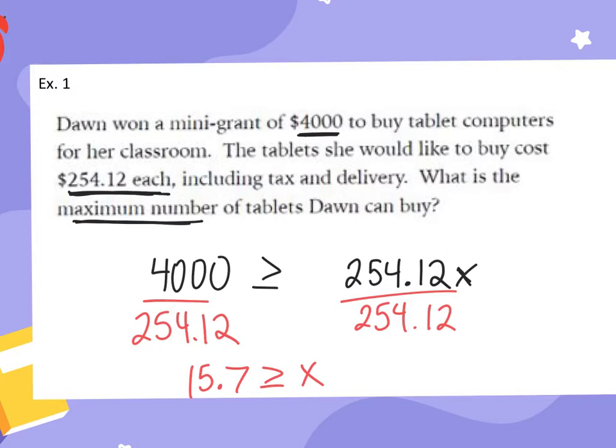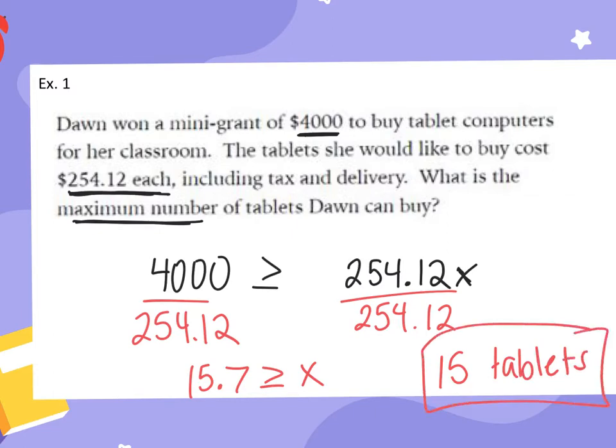No, you can't go to a store and buy 0.7 of an iPad, right? They're just going to laugh at you. So how many tablets can we buy? 15. Okay. You get where I'm coming from.